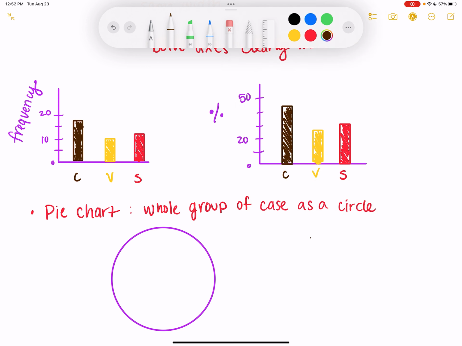All right, so I'm just going to draw my key off to the side to show what each thing is going to represent in the diagram, chart, whatever.